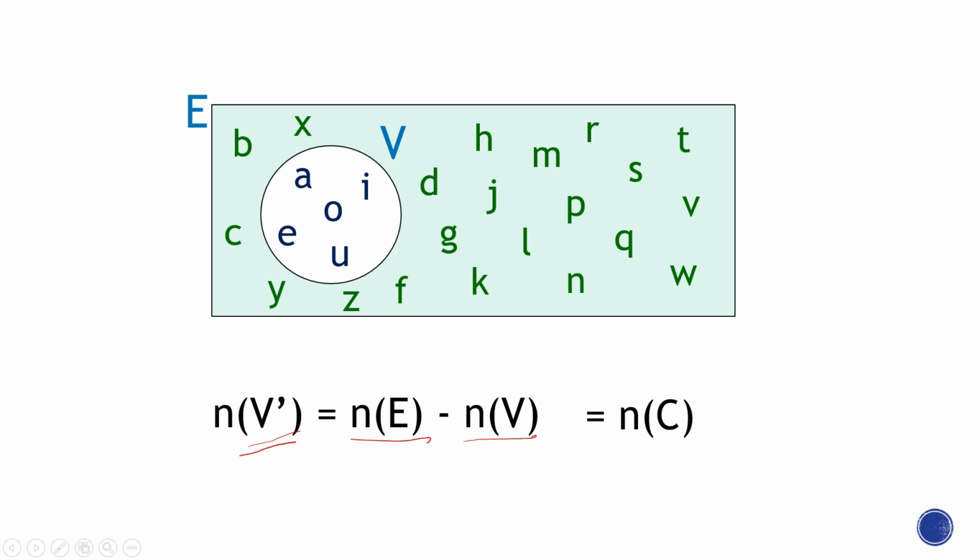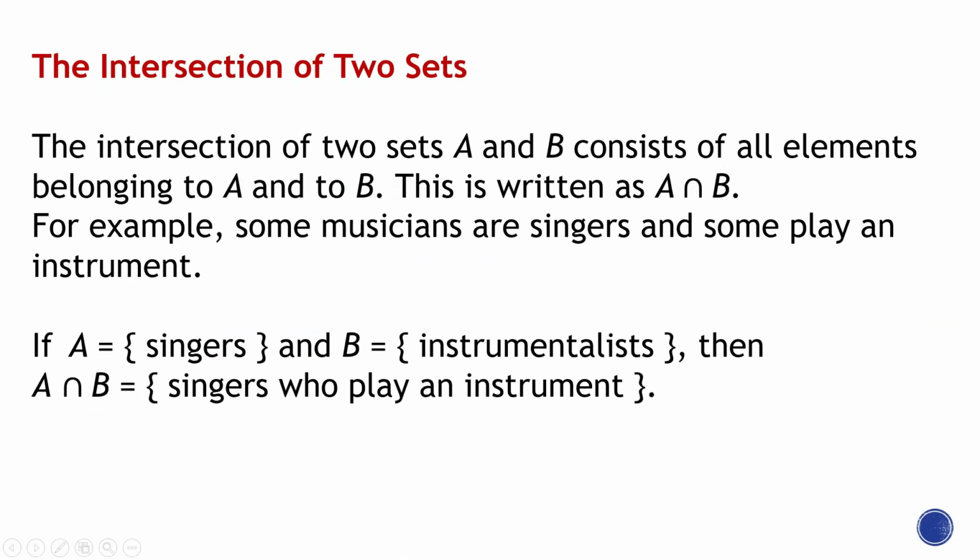All right, let's go to the next one, and here what we have is the intersection of two sets. The intersection of two sets A and B consists of all elements belonging to A and to B. This is written as A intersection B. For example, some musicians are singers, and some play an instrument.